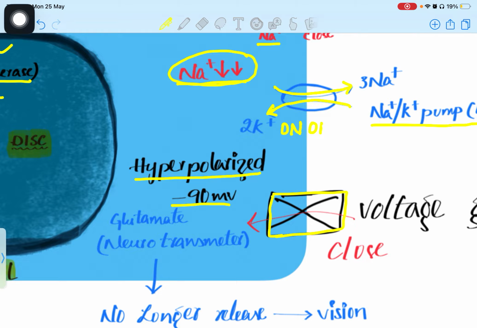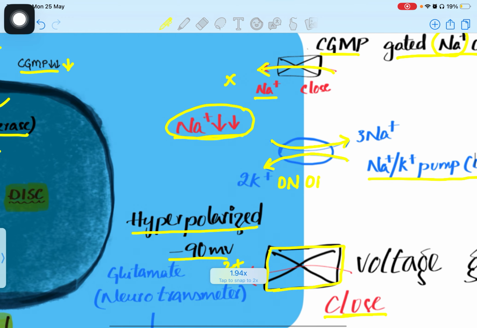Also, the calcium voltage gated channels are closed, so calcium won't enter. Because of all these conditions, neither cGMP nor sodium is present now.